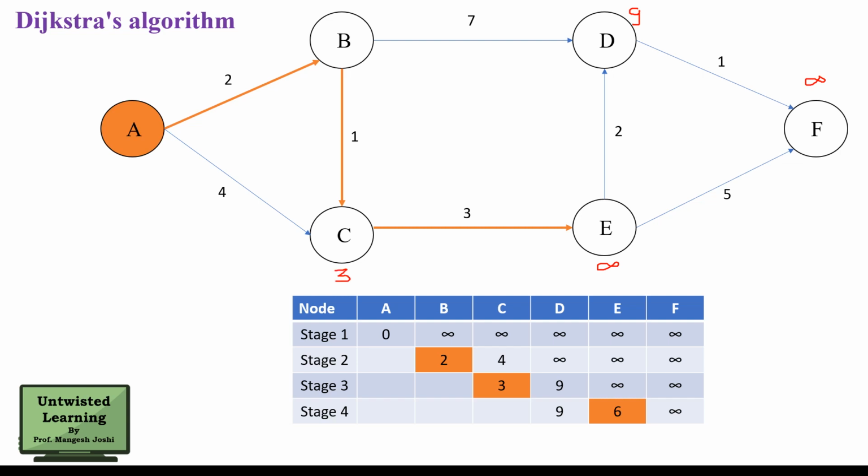So 3 plus 3 will now be updated to 6, right? Similarly you can see 9, 6 and infinity. Since 6 is lesser, we will now freeze the path C to E.